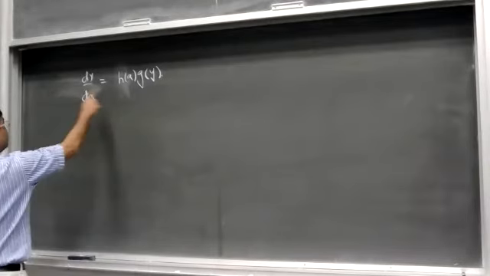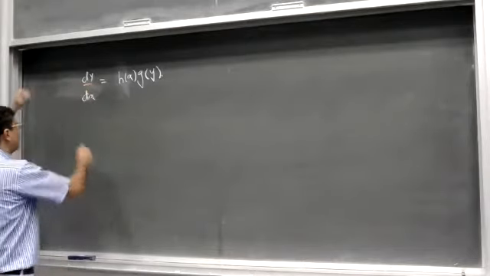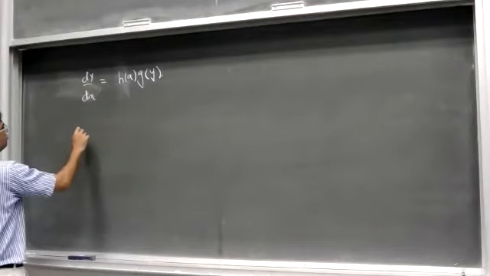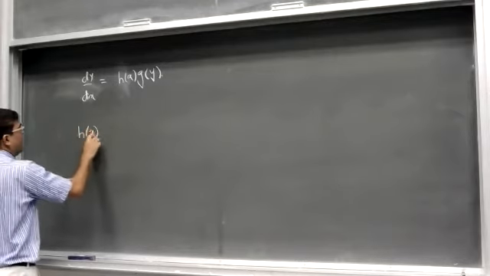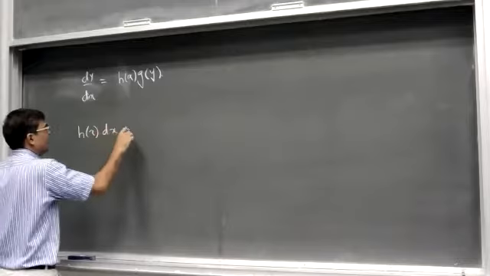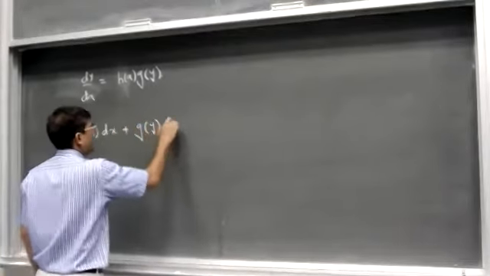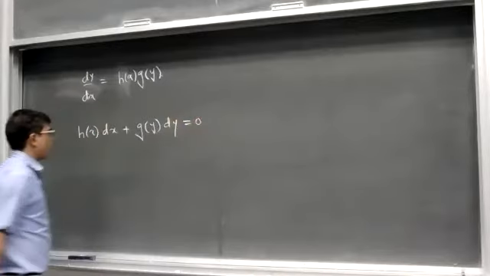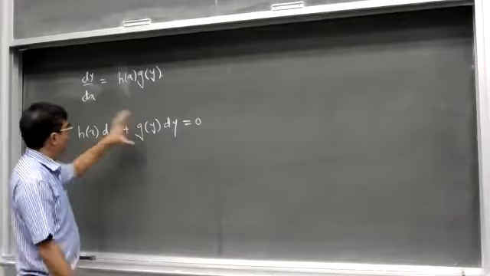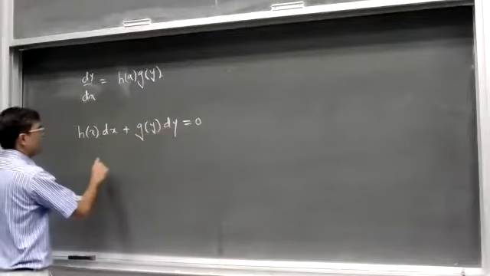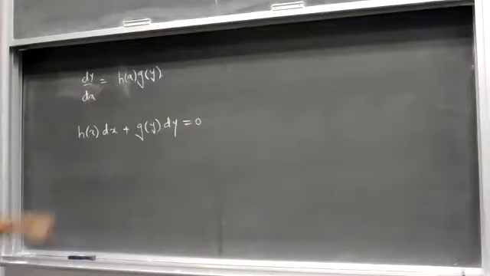And another form could be h(x) dx plus or minus g(y) dy is equal to 0. Okay, if you simplify this and you take this thing on the other side, you can get again this form. Okay, you separated the variables here.